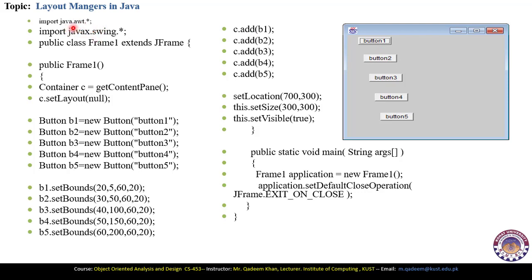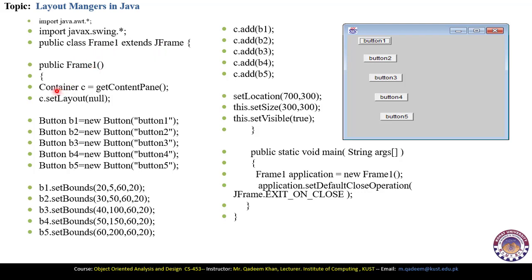So first we have the libraries, import java.awt.*. It is the Abstract Windowing Toolkit library, and here JFrame is defined. Then we have the javax.swing components. These are the swing components, for example buttons, and they are defined in this library. Here we have the public class frame1, which inherits from the JFrame. It is our own public class.